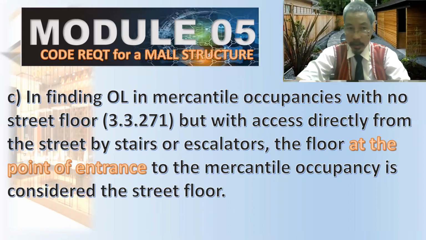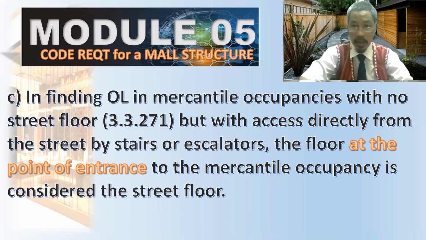So our occupancy with no street floor, but with access directly, meaning the access will not go to other places. It will go to this area directly. The entrance will go to this place directly. The floor at the point of entrance to the mercantile occupancy is considered street floor.